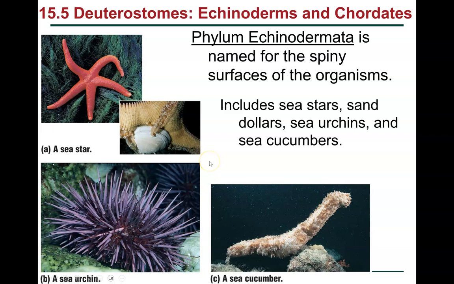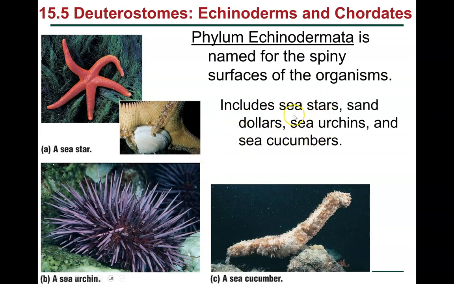All right, so now we are moving into echinoderms and the chordates. So echinoderms are basically your sea stars, your sea urchins, your sea cucumbers. They are named for the spiny surfaces.